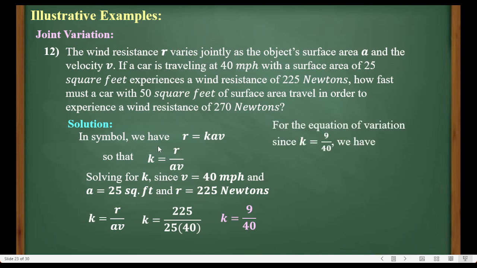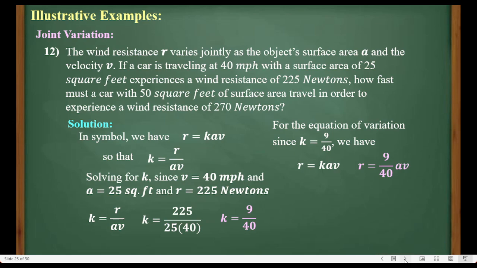And going back to this translated equation, we form the equation of variation, using the obtained value of K. We just copy this equation, but when it comes to K, we replace it by 9 over 40. And the equation of variation is now R is equal to 9 over 40 AB.